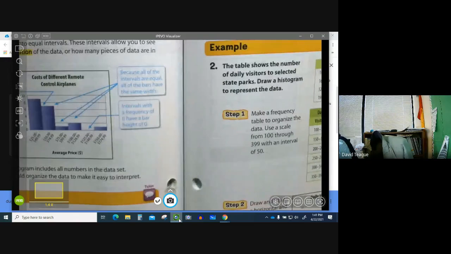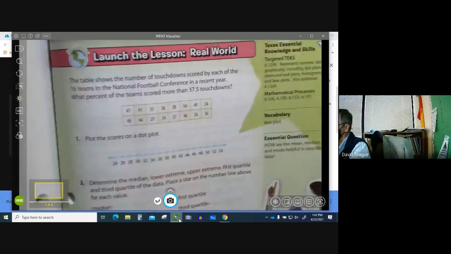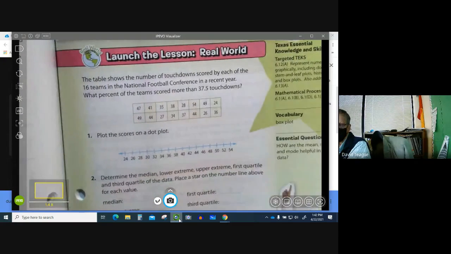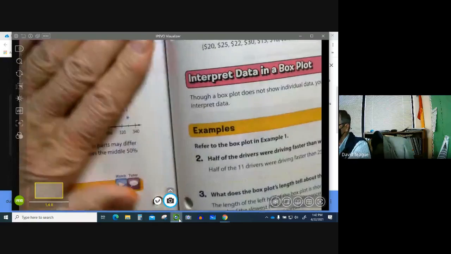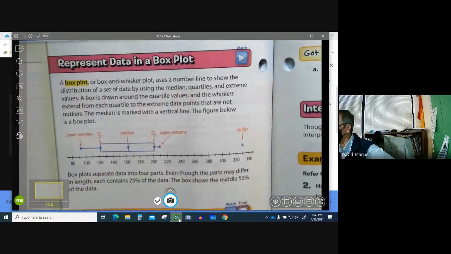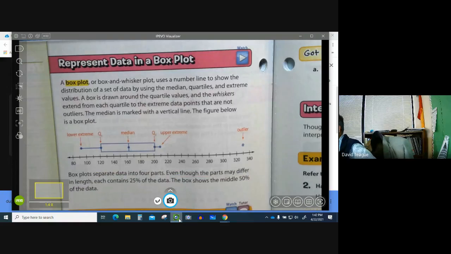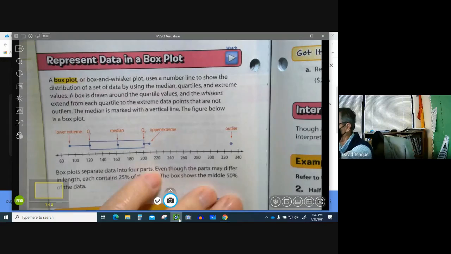Last one, 835. We're going to skip this page and just read about it. This is called a box plot. You may very well see this on the STAR test, but they'll mainly just ask you a question about it. I do not believe they would make you create it, but they want you to be able to recognize it.